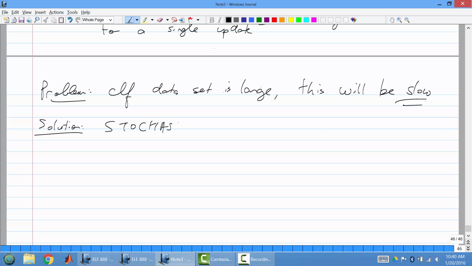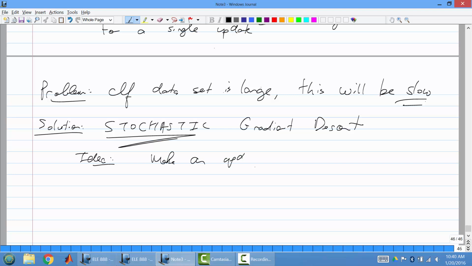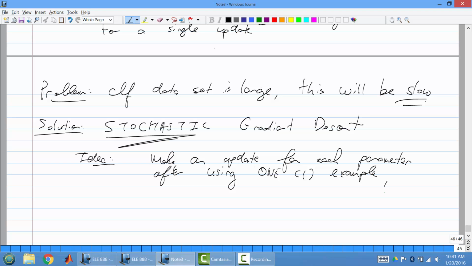This will be my last topic, and then I'll stop. Stochastic gradient descent. The idea is to make an update for each parameter after using one example, instead of having to sum over m examples.